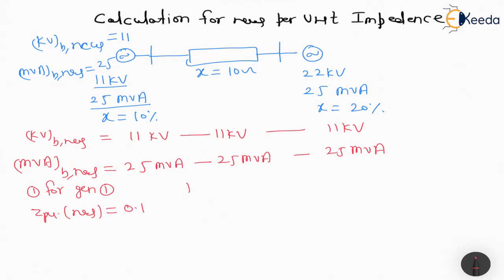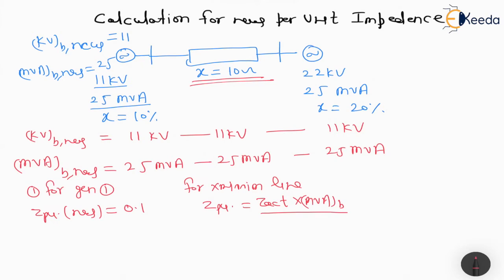Next, for the transmission line, we know the formula: ZPU is equal to Z actual. Here X is equal to 10 ohm, given as the actual value, so we implement the formula of the actual value. ZPU is equal to Z actual into MVAB upon KVB square.